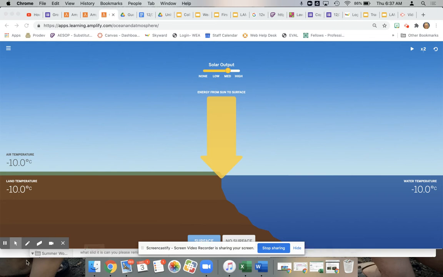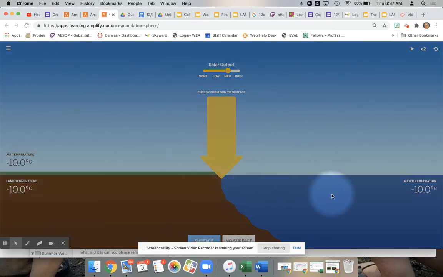In this simulation, we have a land surface, we have a water surface, and we have our air temperature. This arrow represents the amount of solar energy, or light energy, coming in from the sun.